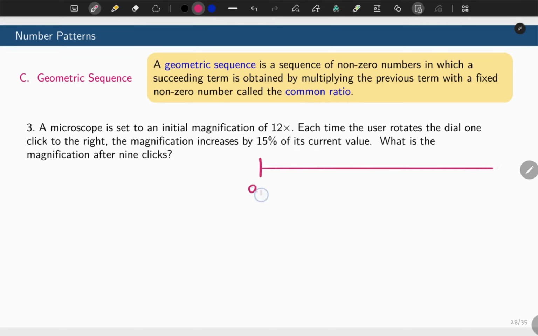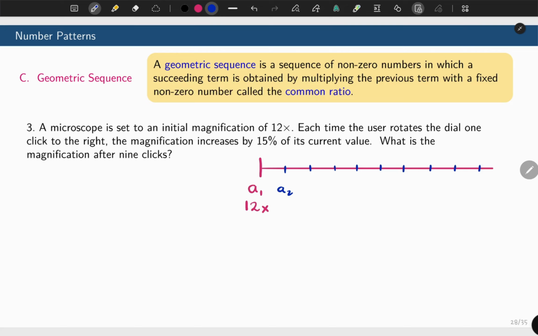This one is the a sub 1, wherein the initial magnification of the microscope lies, 12 times. After 1 click, you get A2, and then A3, A4, A5, A6, A7, A8, A9, A10.